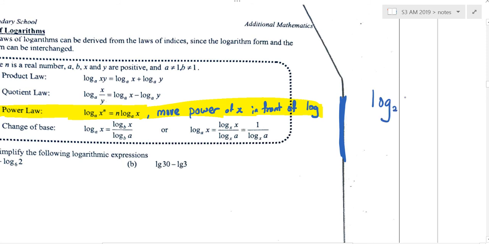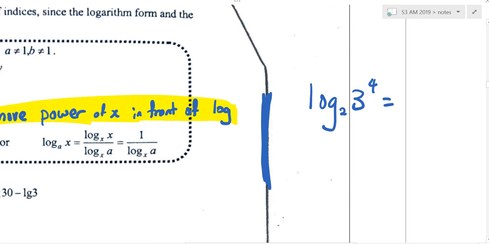Can you tell me which one is the power? 3, right? Well, what can you do? You can bring the power of 3 down. So how do you write? You write 3 log base 2 of 4. Is that okay? Okay, good.